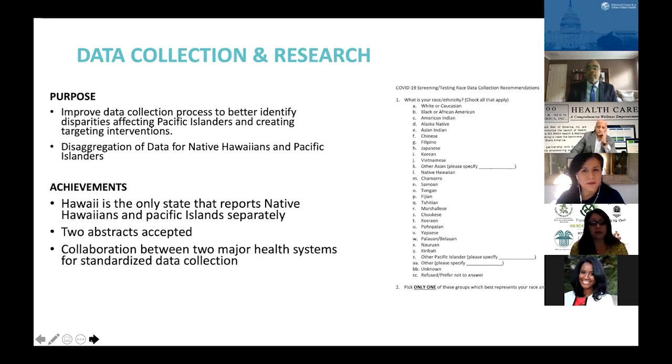We currently are trying to work with our State Department of Health to further disaggregate those subsets in the Pacific Islander numbers. So I think that's a really good thing to point out, is that currently Hawaii is the only state that separates out Native Hawaiians and Pacific Islanders. Next slide.